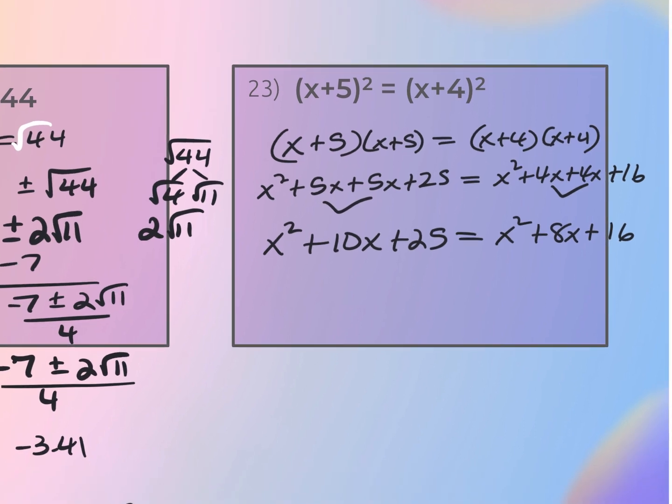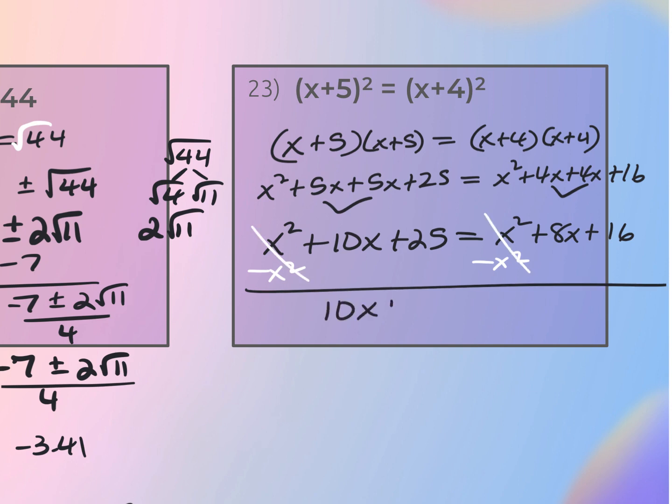So as soon as I try to subtract x squared to move the x squareds together, notice both x squareds cancel on both sides. So then you're left with 10x plus 25 equals 8x plus 16. I'll now try to move the x's together by subtracting 8x.